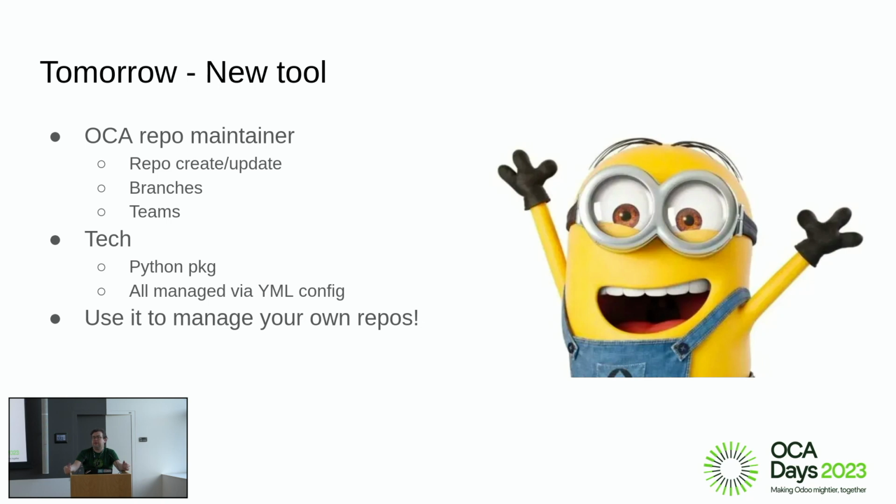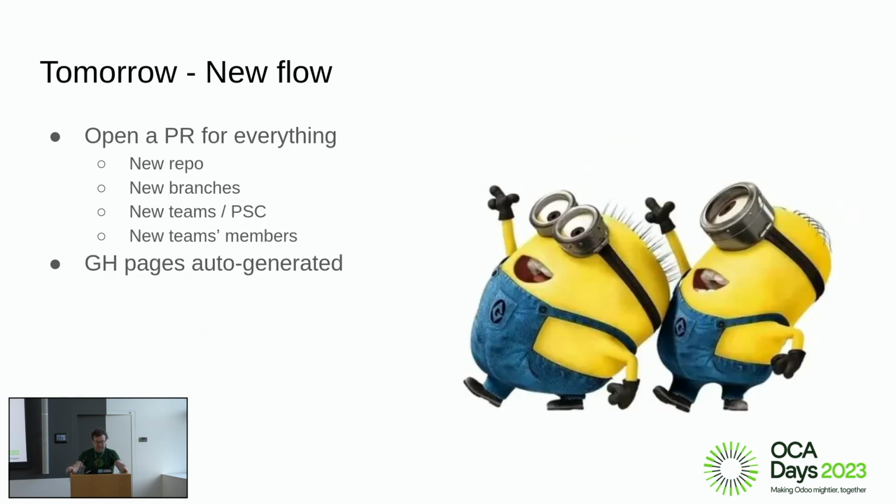And you can even use it to manage your own repositories. It's not done only for OCA. The tool can be used for other communities or even for your own company if you have some sort of complicated management. So right now, the idea is we just need to open pull requests for new repositories, for new branches, for new team members.